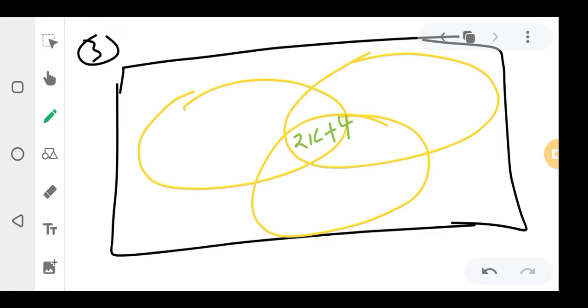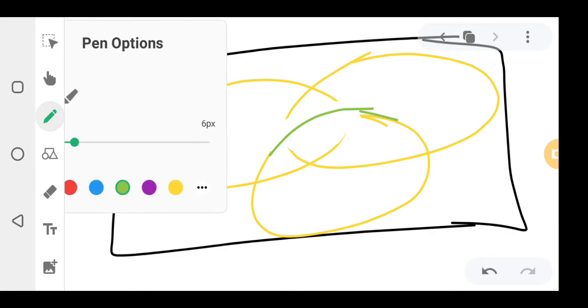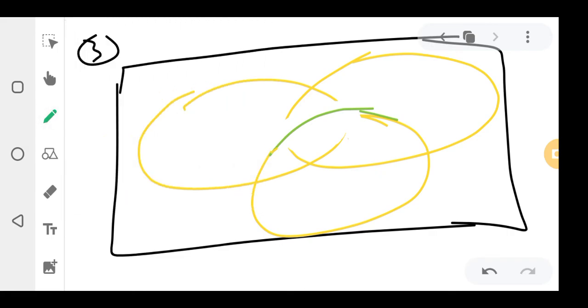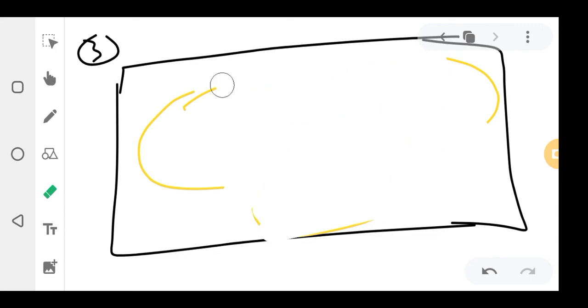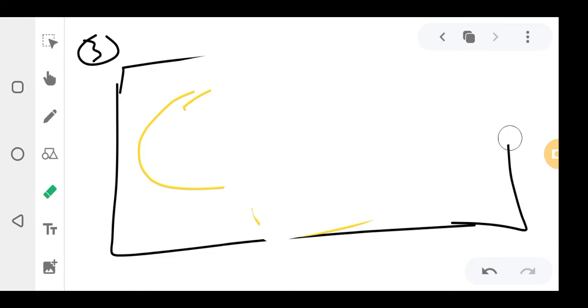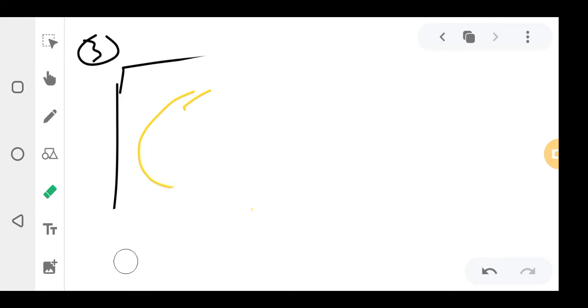Let me use yellow so that it's easy for you to understand. Let me just rub the whole diagram so that we write it in a more presentable manner so that you can easily understand and relate to this.